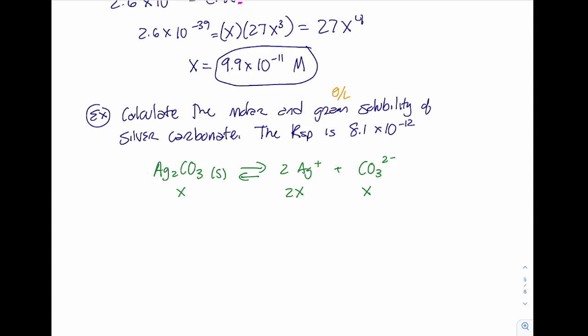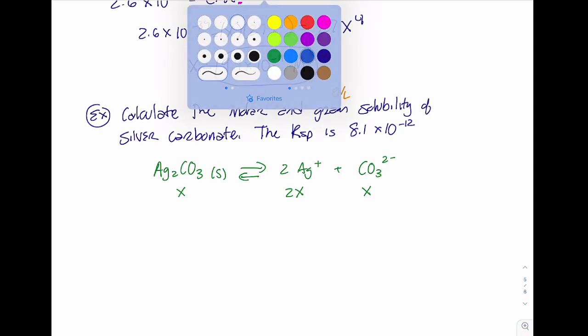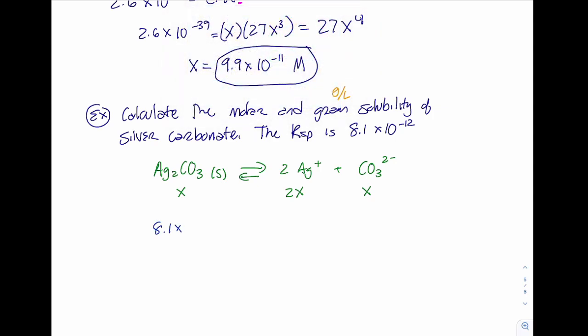I know that my expression, 8.1 times 10 to the negative 12th, is equal to silver ions squared, because I have a coefficient of 2, raised to a power equal to its coefficient, multiplied by carbonate ions. So that's going to be equal to (2x) squared.